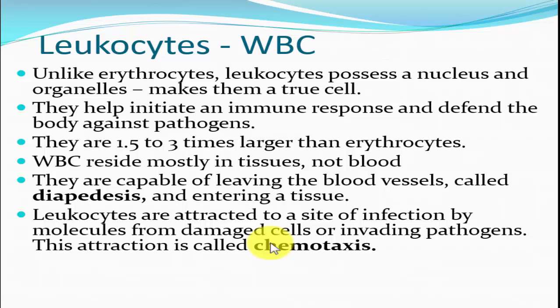The military will get a response from the president saying, we need to go to that site to invade that area and prevent further invasion. Okay, so the same thing is going to happen here. So leukocytes are going to go to the site of infection from damaged cells and then help protect from that invading pathogen, and that's called chemotaxis.